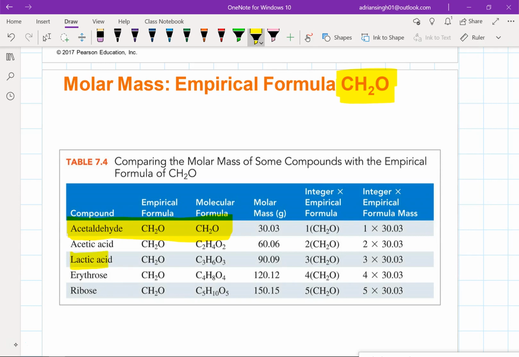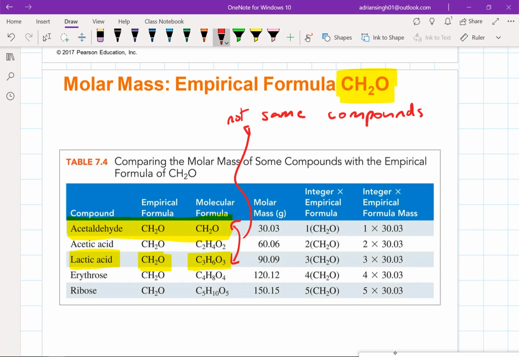Lactic acid has the molecular formula C3H6O3, and if you divide all those subscripts by 3, you end up with the same empirical formula. As you should realize, acetaldehyde and lactic acid are not the same. These are different compounds, even though they have the same empirical formula.